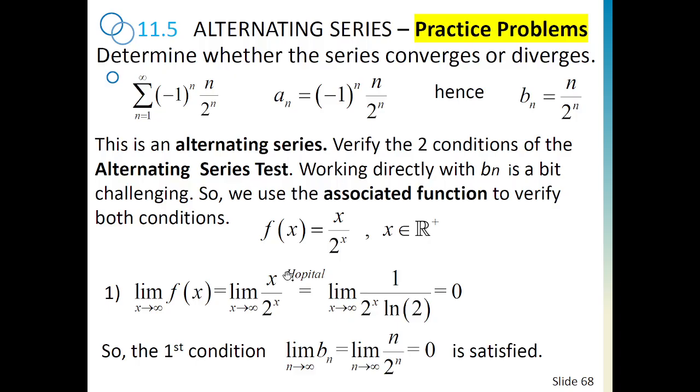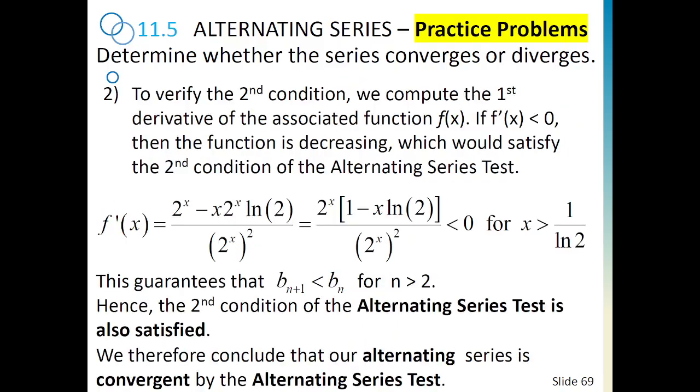In this case we have infinity over infinity, so we use L'Hopital. Sometimes you use L'Hopital twice depending on the situation, and then we find that the limit here is 0, therefore the limit of our expression will be 0, so the first condition is satisfied.